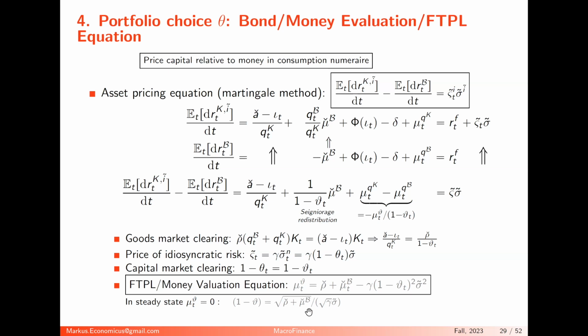Okay. And in the steady state, of course this drift is 0, and then I can solve this this way. So the fraction of wealth which is in physical wealth, 1 minus varTheta, is a function of this rho check. In log it would be rho. Plus the bond printing.